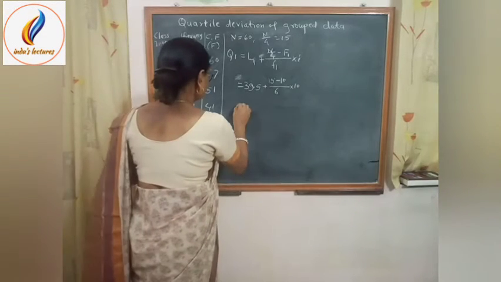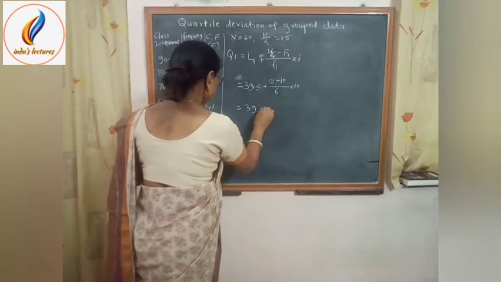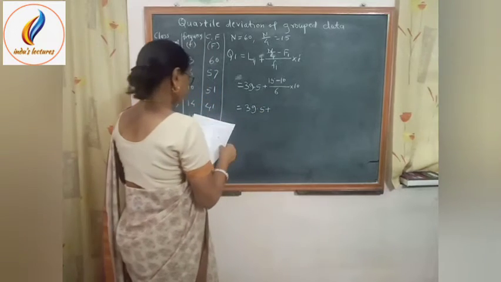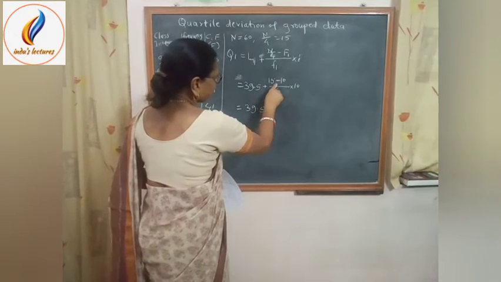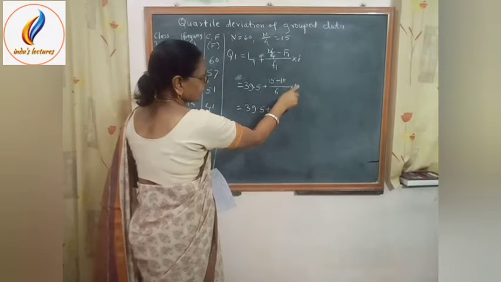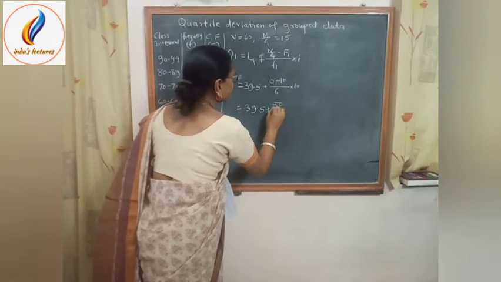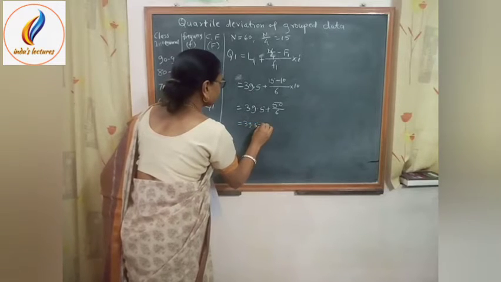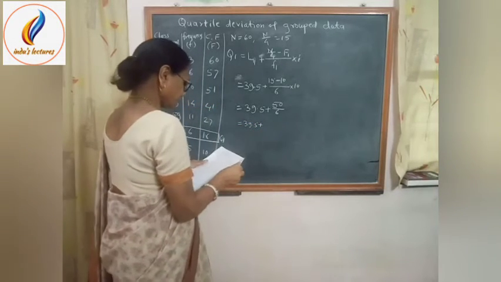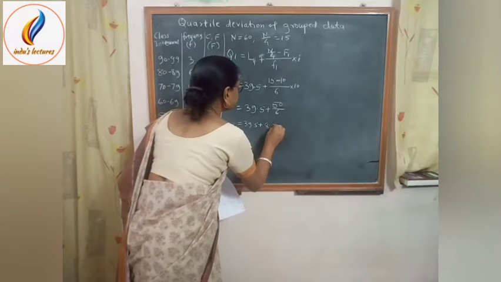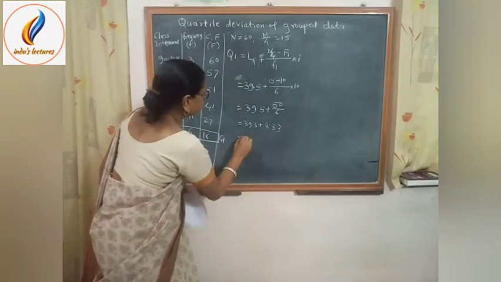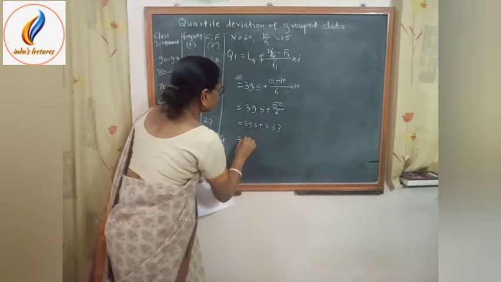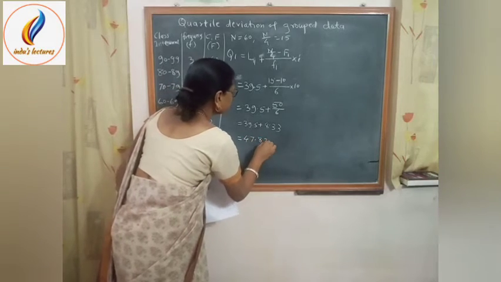So which is equal to 39.5 plus 15 minus 10 means 5. 5 into 10, 50. 50 divided by 6. So which is equal to 39.5 plus 8.33, and this sum is 47.83.